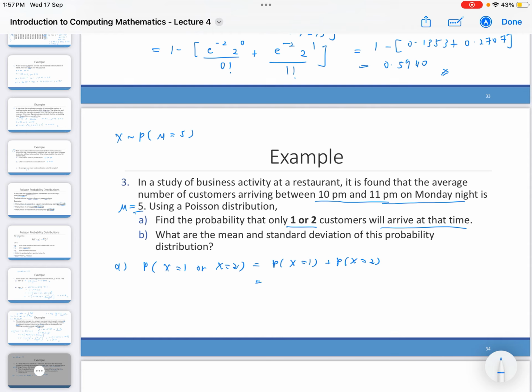We use the formula e to the power of negative 5, times 5 to the power of 1 divided by 1 factorial, plus e to the power of negative 5, times 5 to the power of 2 divided by 2 factorial. So the answer here is 0.1179.